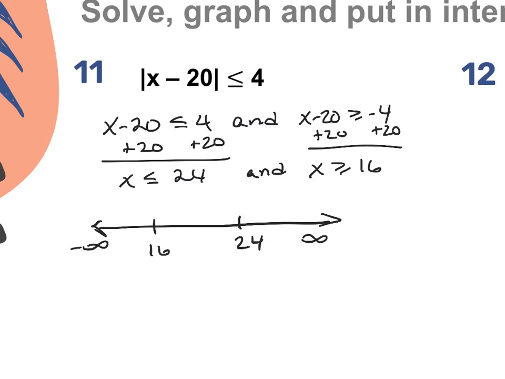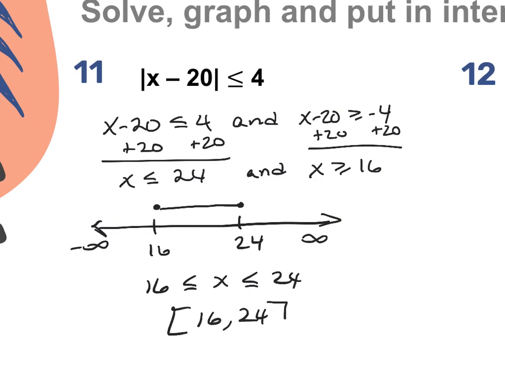This one's going to be a closed circle on 24 and a closed circle here, and it's joined in the middle. So if you want to write this compoundly, it would be 16 less than or equal to x less than or equal to 24, and then with the interval, put the two numbers in brackets.